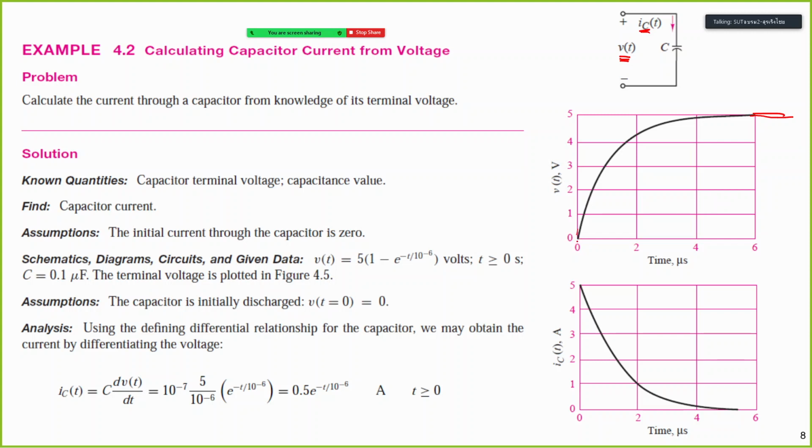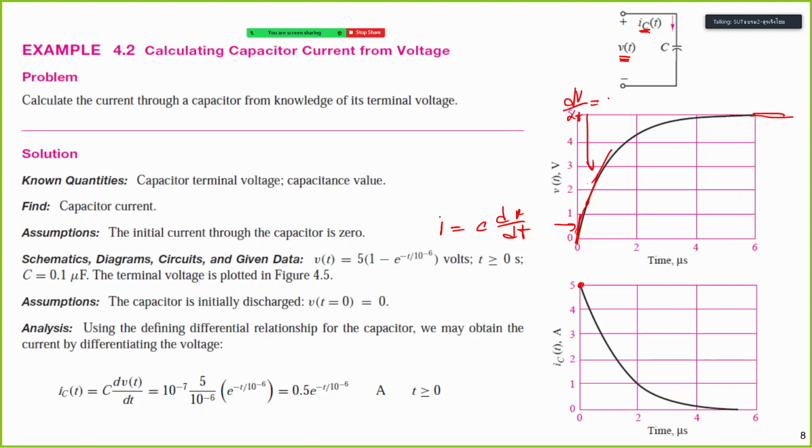When we start to apply the voltage, here we have dV by dt, right? The voltage is changed, so I equals C dV by dt. If the voltage change is high, the current value is high, right? Then the rate of change becomes lower. What is this dV by dt?